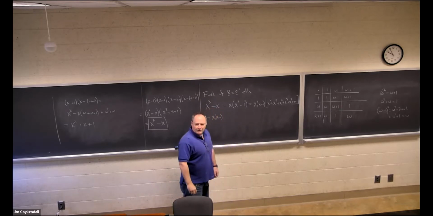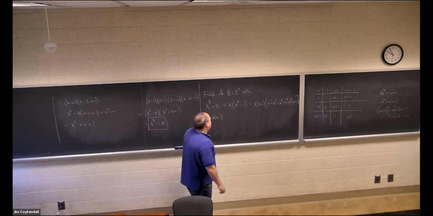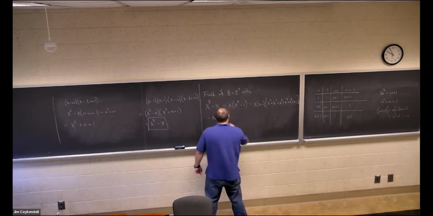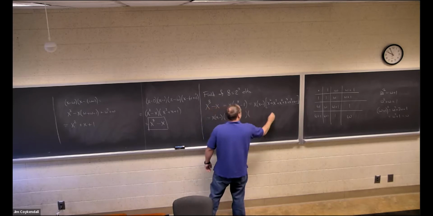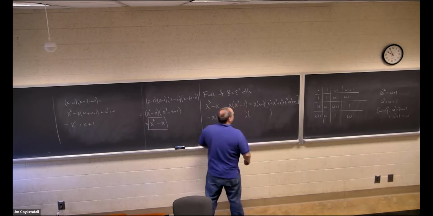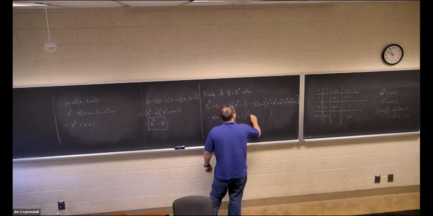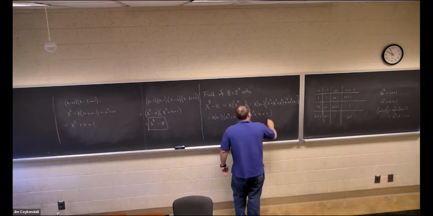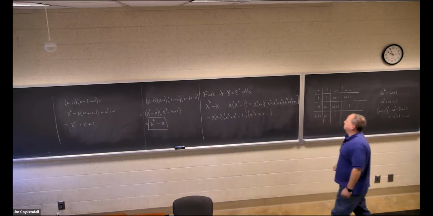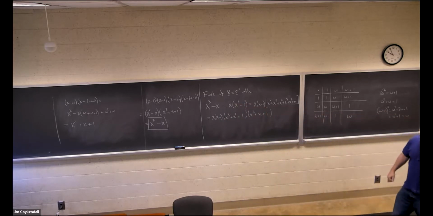It's actually not. So here, we'll go over this next time, but you can actually factor this. And because I know it factors into cubics, it should factor like that. Now remember, this is mod 2.